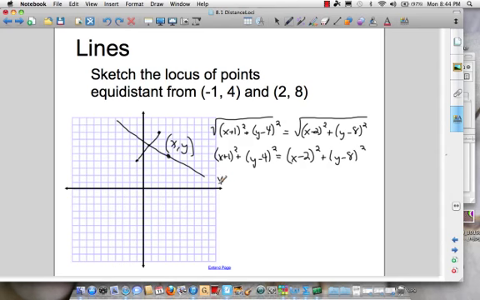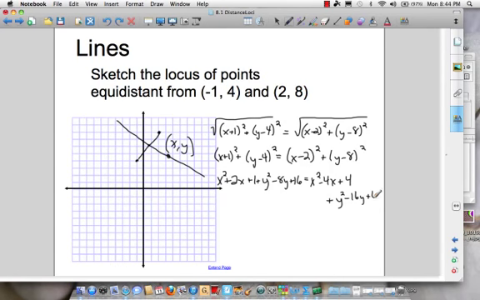(x + 1) squared is x squared plus 2x plus 1, and then I get plus y squared minus 8y plus 16. And then on the other side of the equation, I get x squared minus 4x plus 4, plus y squared minus 16y plus 64.